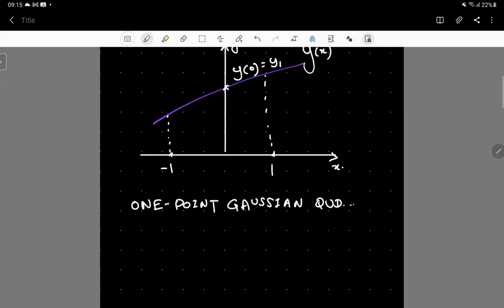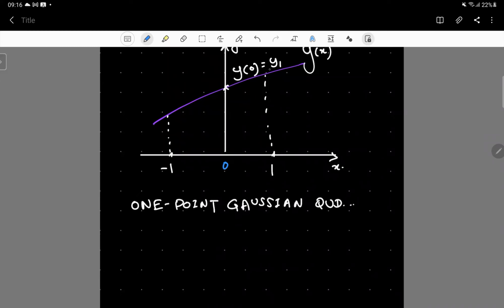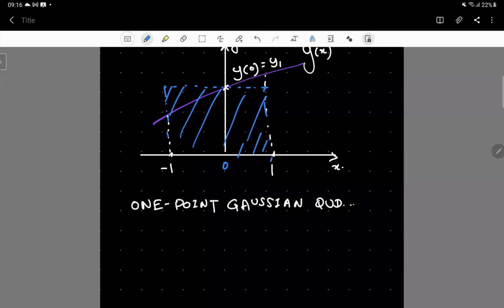Then, once we select a midpoint of this curve, we simply multiply by the length of the interval of the integration domain. So if we assume this at 0, y0 is equal to y1, we calculate this area, and we assume it to approximate the area intercepted by the curve.